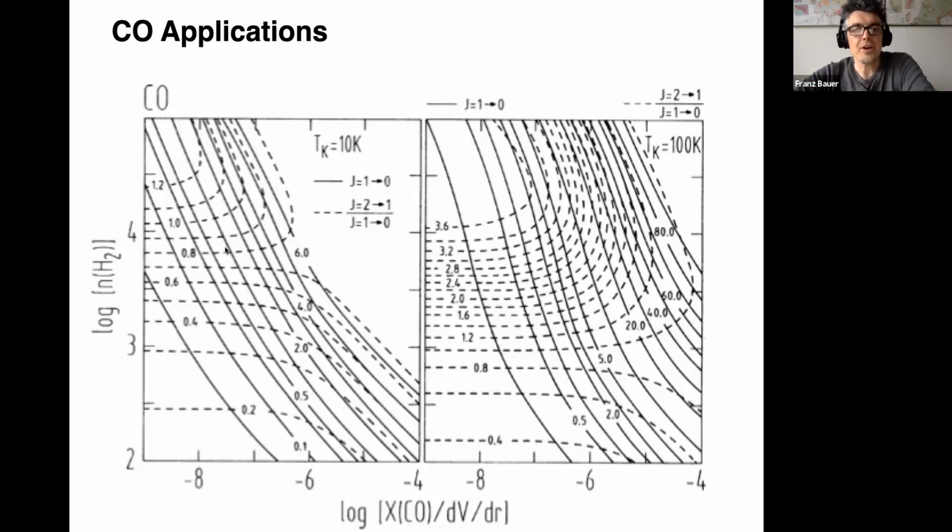There's the dashed curve, which is the ratio of 2 to 1 versus 1 to 0, and then the solid one, which is just the 1 to 0. And this is for a kinetic temperature of 10 Kelvin.